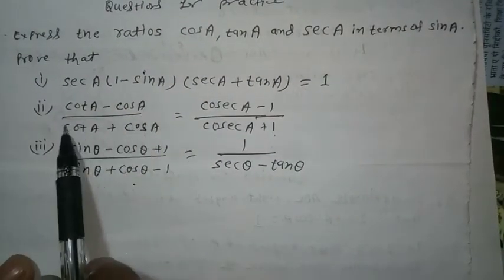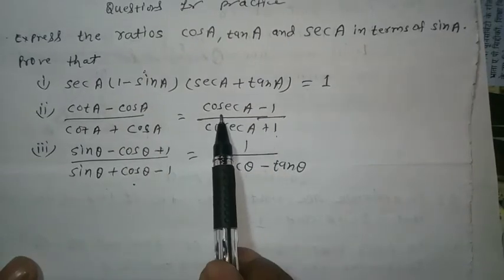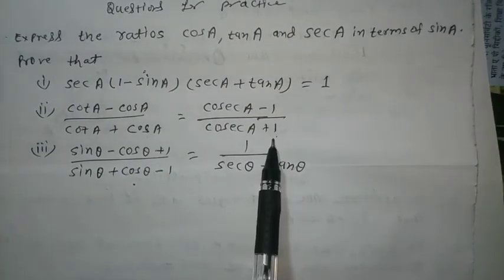The next, question number 2. Cot A minus cos A by cot A plus cos A is equal to cosec A minus 1 by cosec A plus 1.